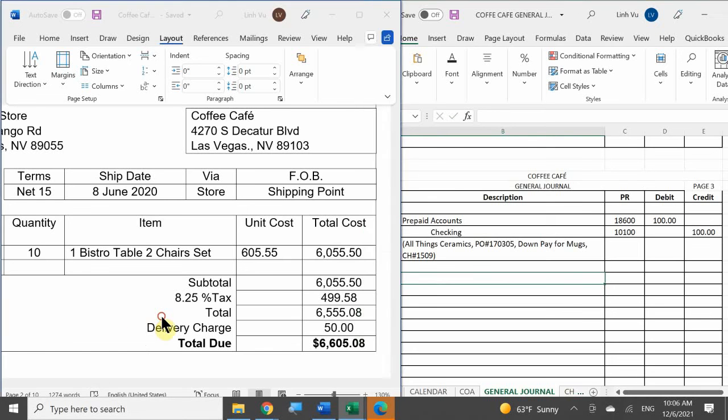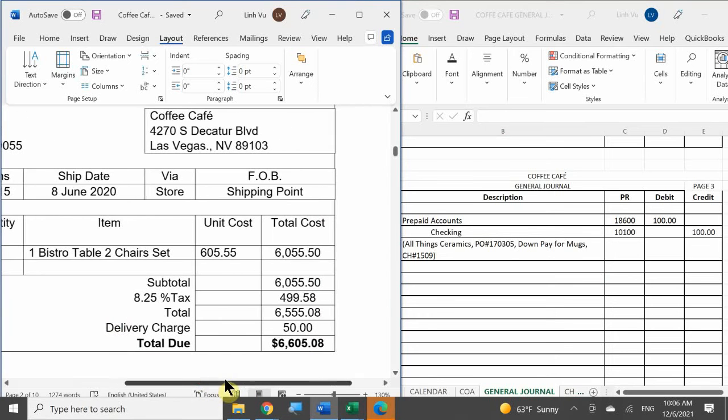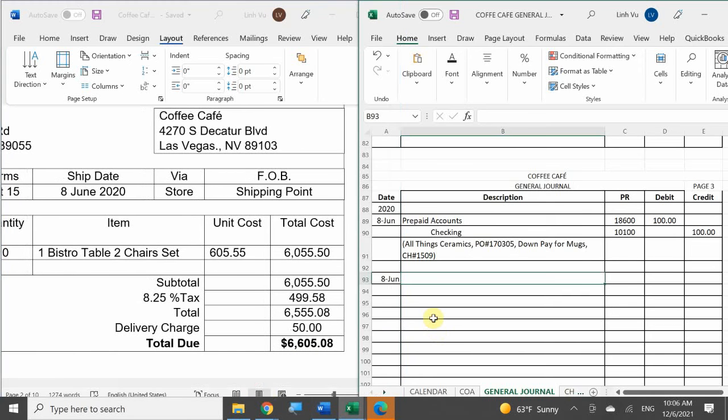So in this case, what accounts am I going to use to journalize this? How am I going to journalize acquiring the tables and chairs?